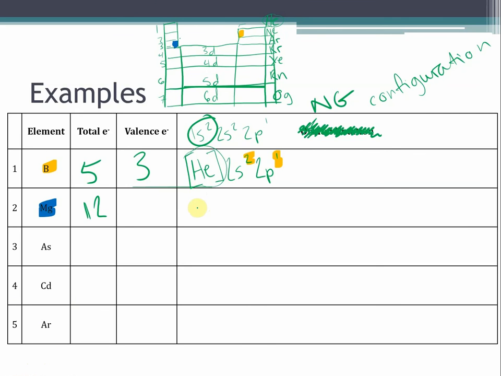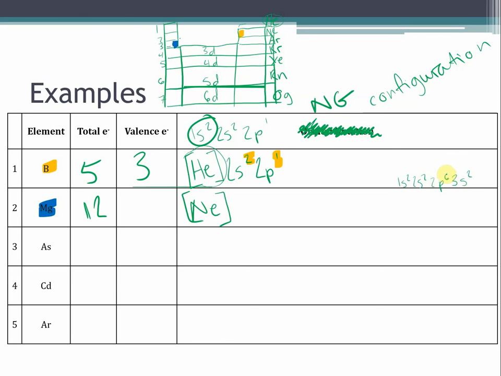So we'll start by writing neon in our brackets. And then we only have to write all the things that neon doesn't take care of for us. Remember, the standard electron configuration for magnesium was 1s2, 2s2, 2p6, 3s2.